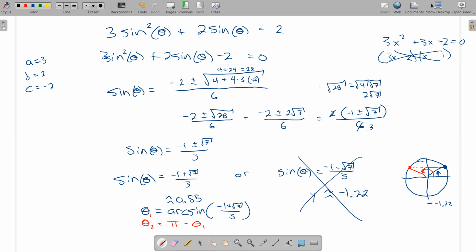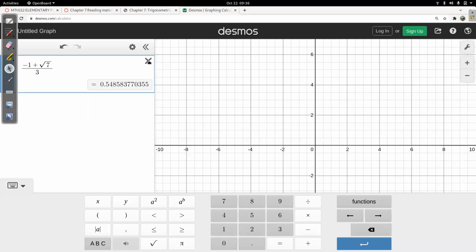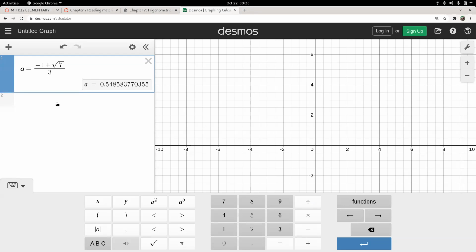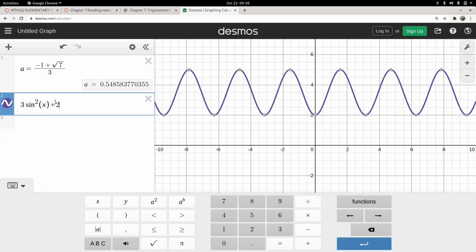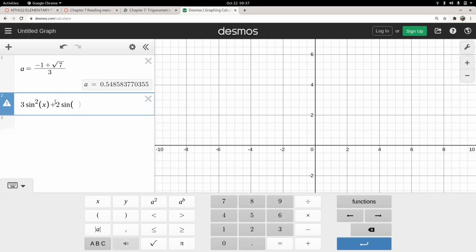So let's look at the graph, see if it confirms that. Let's see, we'll leave that there. Let's call this solution A. And then graph our function, the left side, 3 sine squared of x plus 2 sine of x.